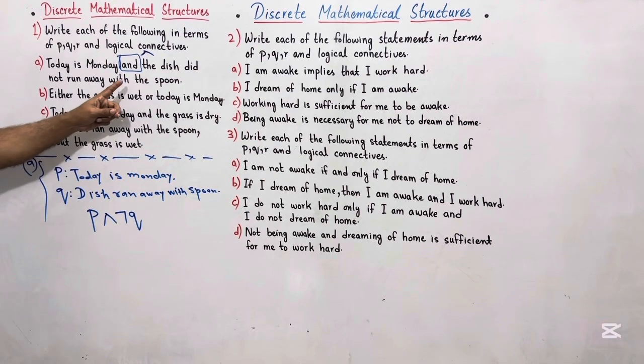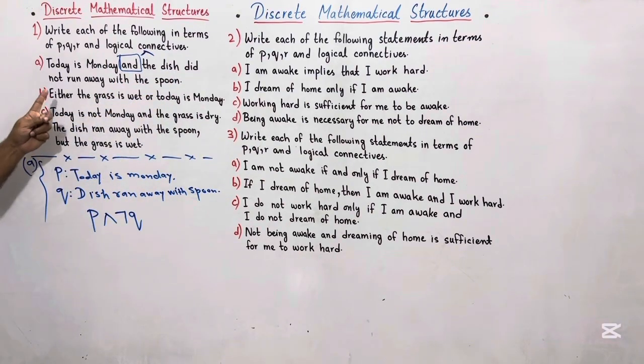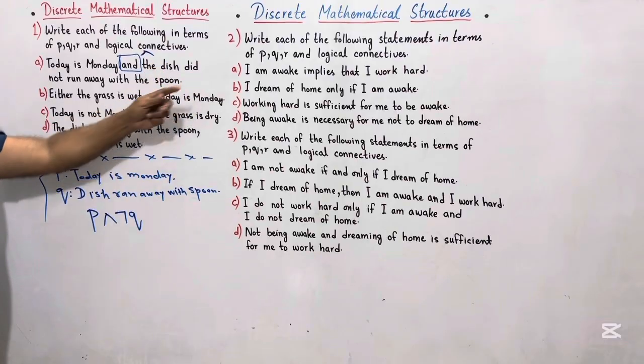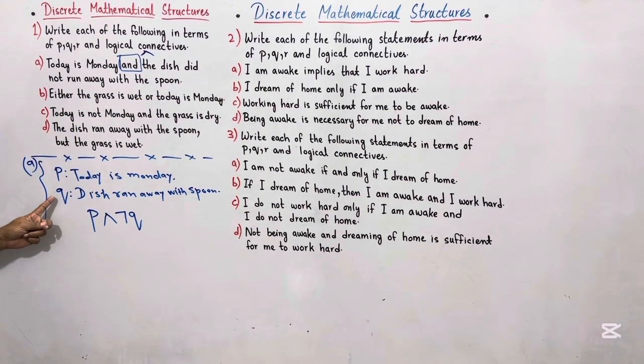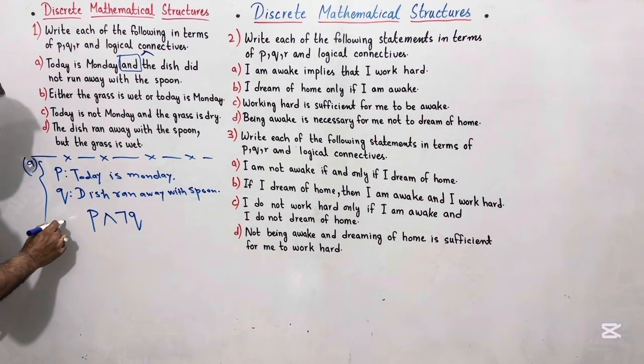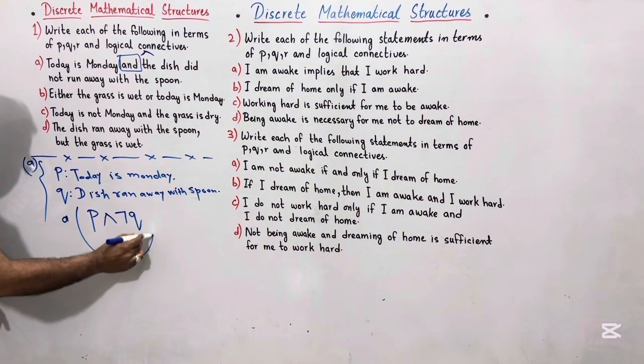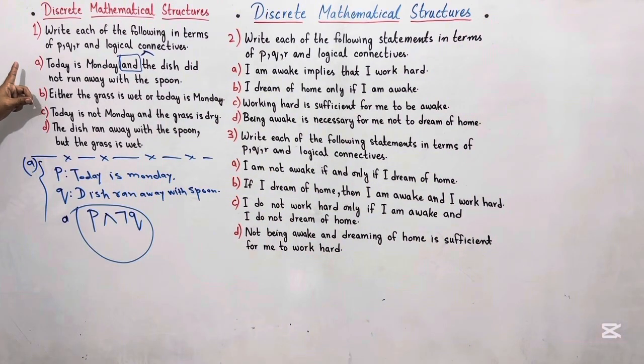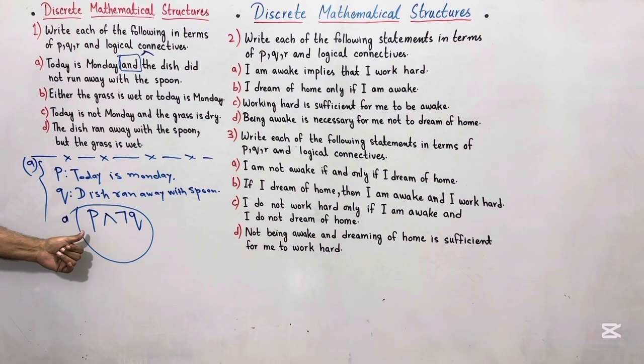But here it is mentioned that the dish did not run away with the spoon, which means negation of Q. So we have connected the two propositions of part A, today is Monday and the dish did not run away with the spoon, by using the logical connective and.